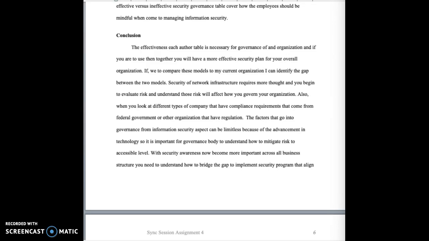It doesn't move over into the effective versus ineffective security governance model, because those models are focused on the CISO making decisions and giving a template to the board, but does the board really understand the information that's been given to make a sound decision?